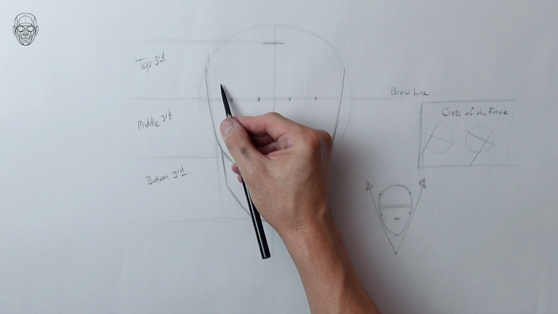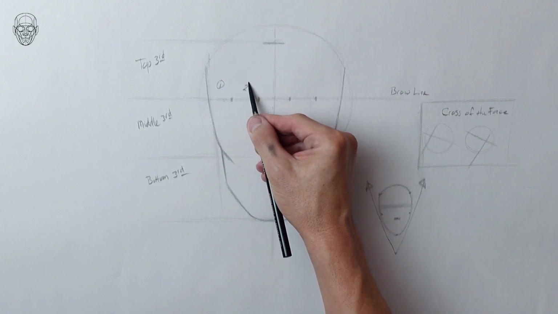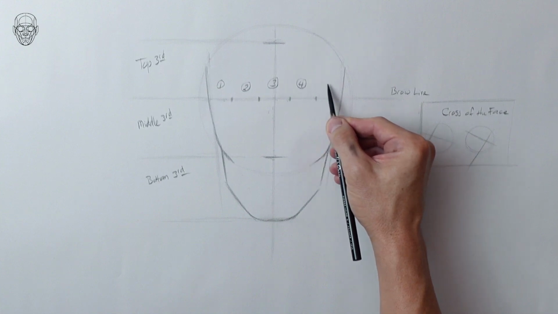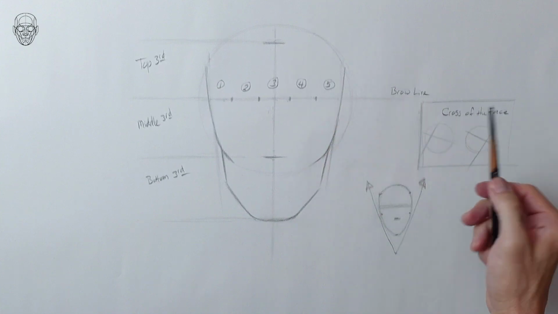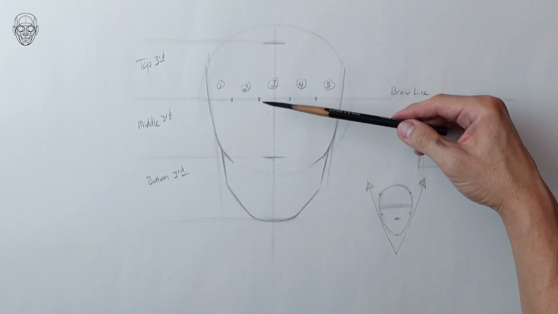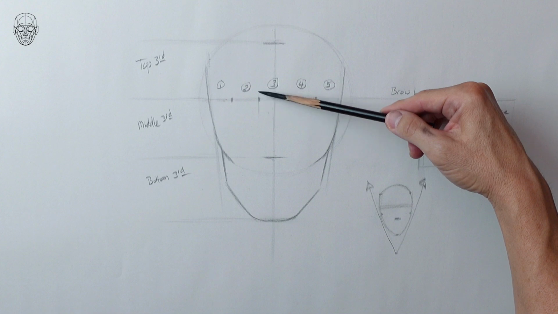So we have 1, 2, 3, 4, and 5. Nice. So now we're going to take this line right here and just come straight down.